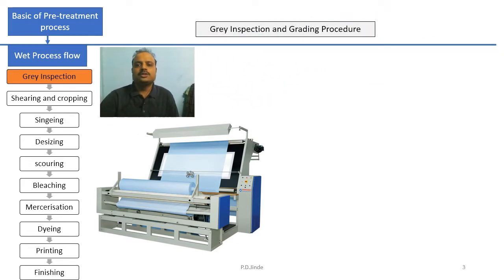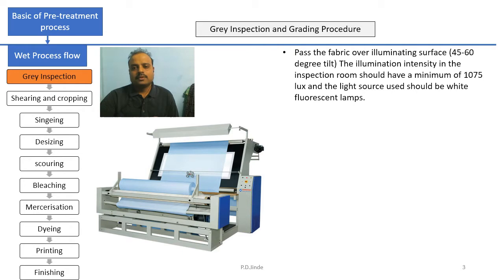The grey inspection and grading process in detail. The fabric is passed over the illuminating surface, and this surface is kept at a 45 to 60 degree tilt, basically for ergonomic purposes.